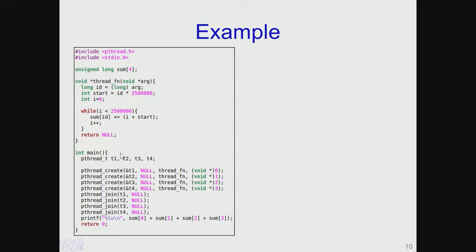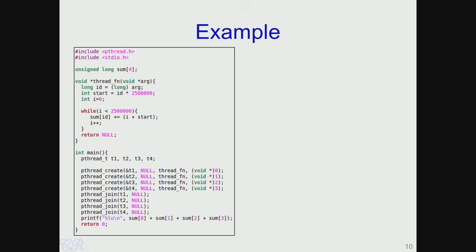First of all, we define 4 variables of type pthread_t. These are T1, T2, T3 and T4. These are going to be used to create the 4 threads, and these would contain the thread IDs or the TIDs.